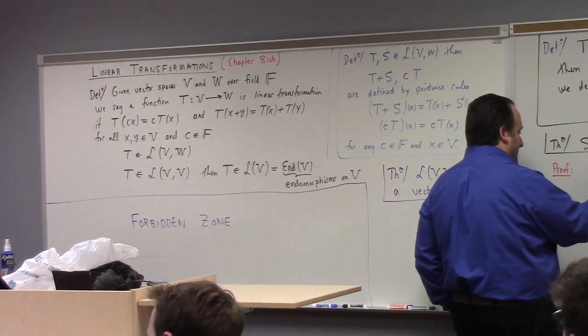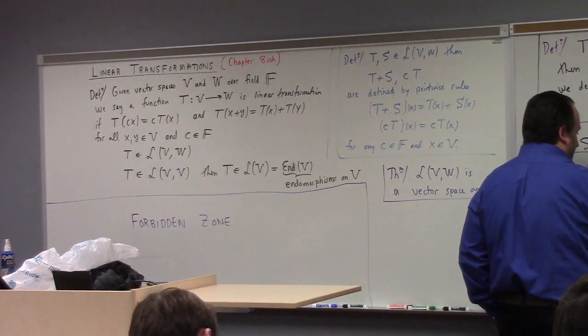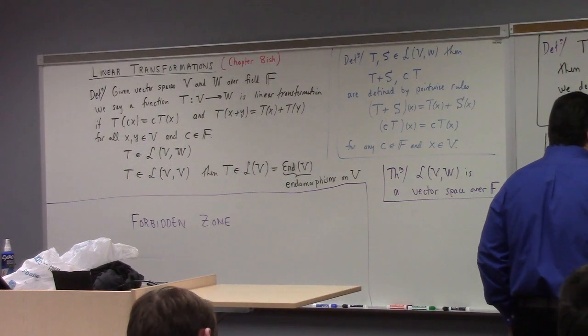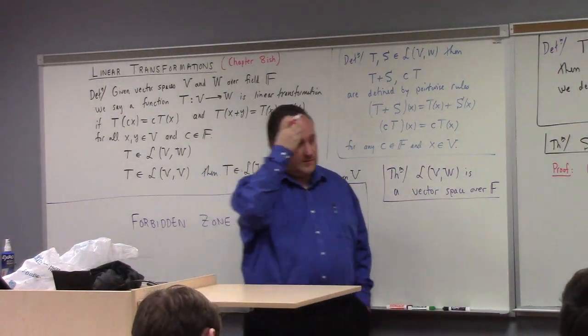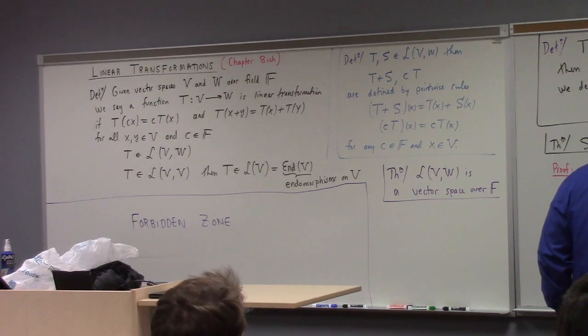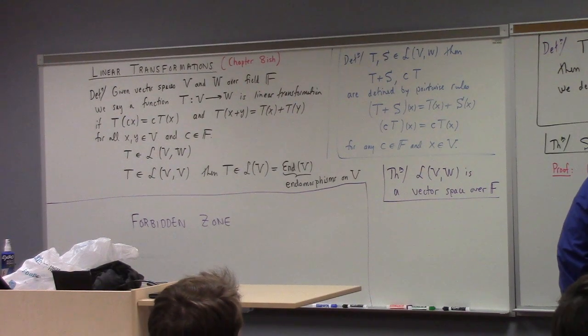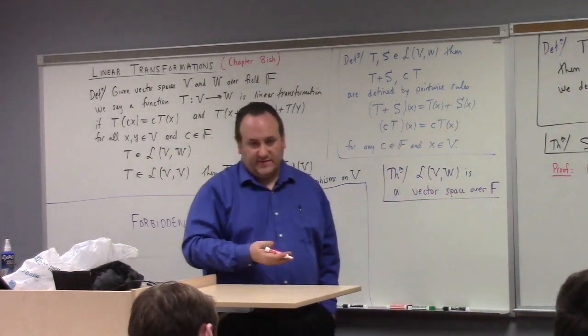Let's see here. S composed with T, and we'll do it all at once, of Cx plus y, all right? Two-step linearity test. So that is going to give us S of T of Cx plus y, right? By definition of composite.